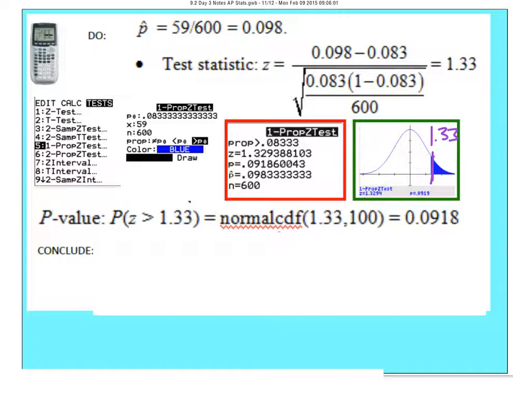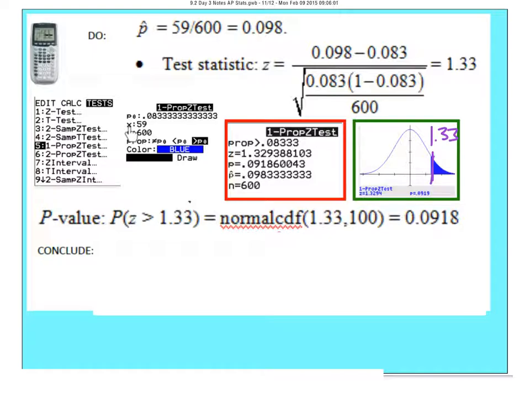When you hit the stat button, you're going to get these options, go over to the tests. In this case, we want the one proportion Z test. If you select this, it's going to ask you for what your P naught is. Our P naught in this case is 1/12. You could type 1 over 12 and it'll just convert it to a decimal if you want. Then you want to give it the actual information about the P hat.